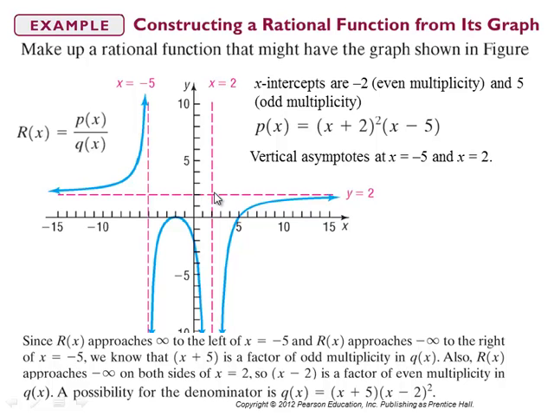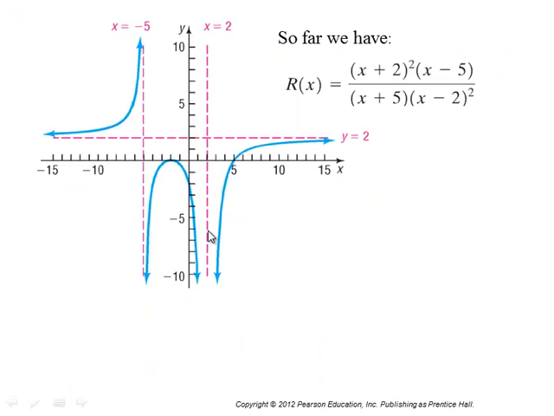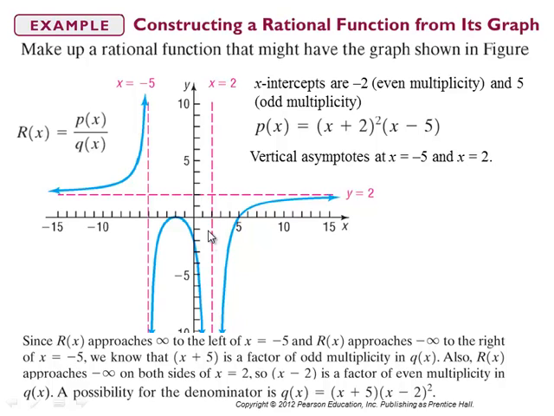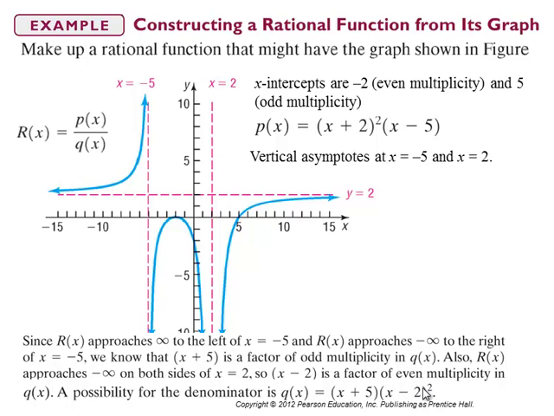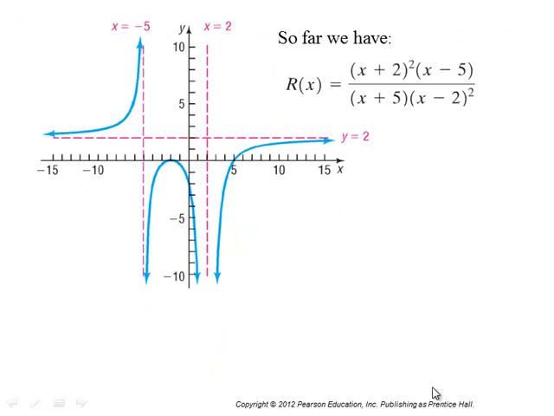Because when the graph goes in the same direction as you let x approach that value, both from the right and from the left, that means the multiplicity on 2 is either going to be a 2 or a 4 or some other even power. So we'll just go with 2 as the multiplicity on x minus 2. So we'll try x plus 5 times x minus 2 squared in the denominator for q of x.